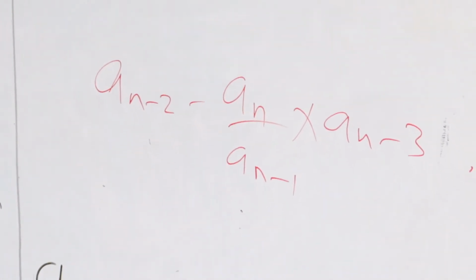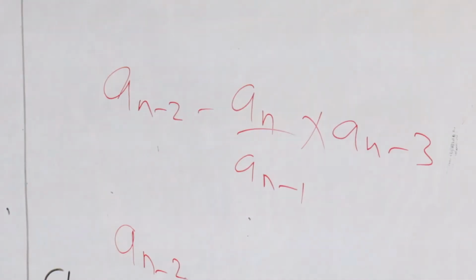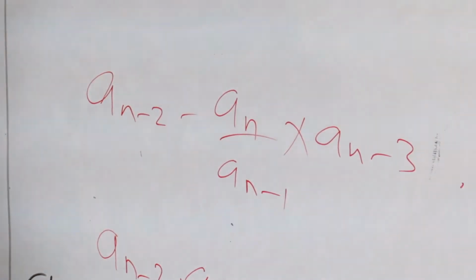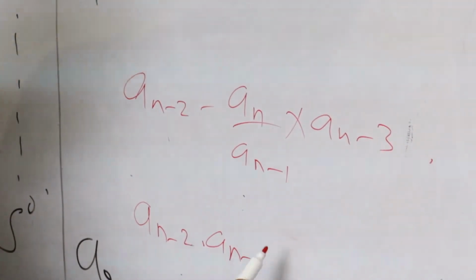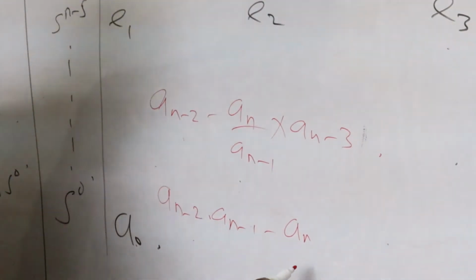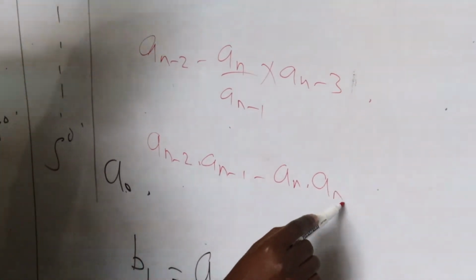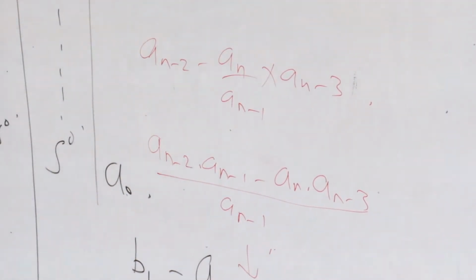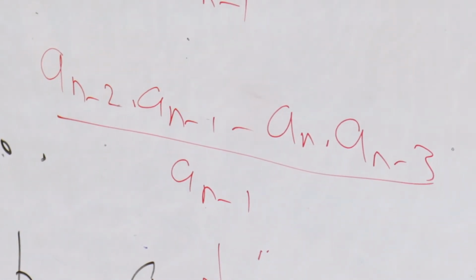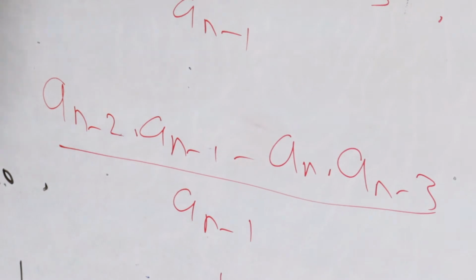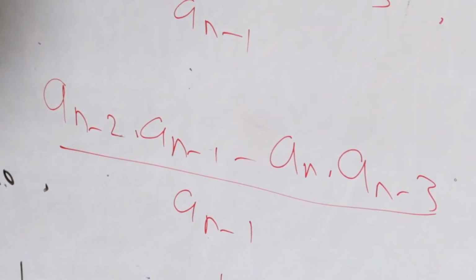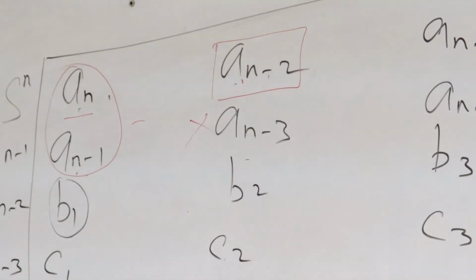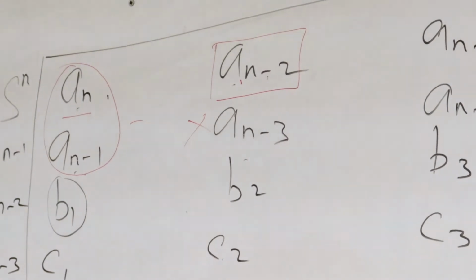We're going to have a_{n-2} times a_{n-1}, minus a_n times a_{n-3}, all over a_{n-1}. Is it the same? So you can use the one that you find easier. You can talk of this minus this over that times that, or this times this minus this times this over this. That is how you are supposed to get that.